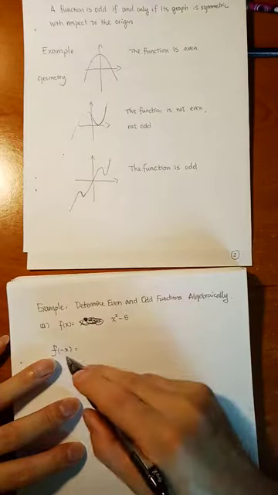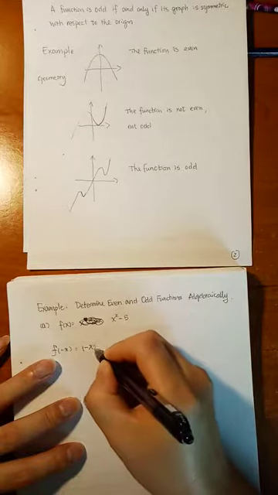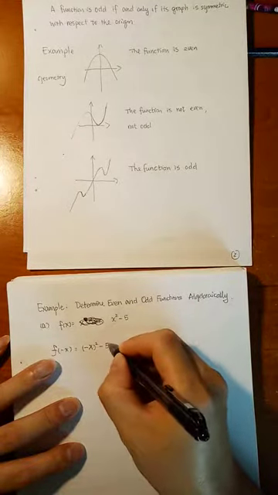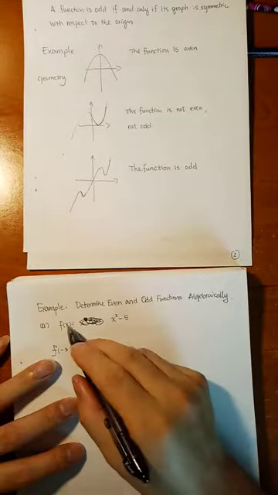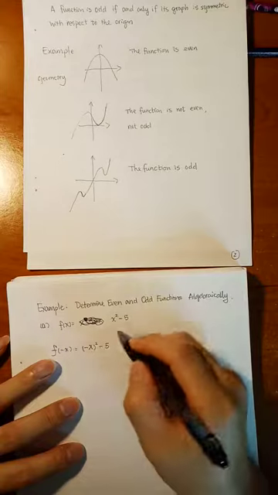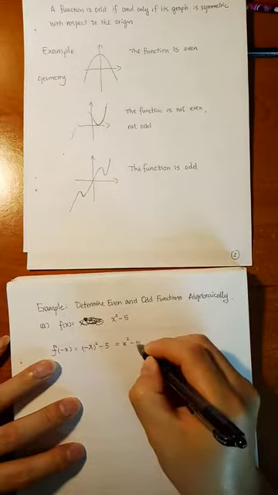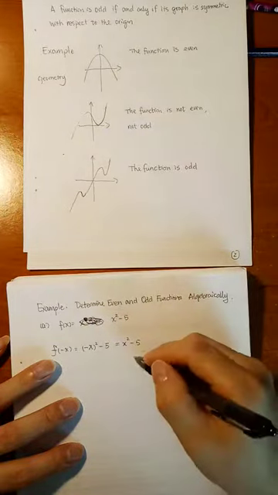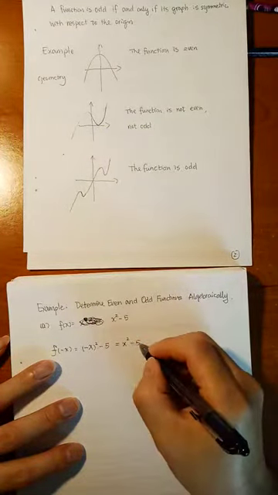Whenever you see x, you write a negative x. Because it has a sign, you have to put a square. Okay, so this is evaluation. x is the input. Now the input becomes negative x. Negative x squared is x squared. 5 is constant. It does not change when you put a negative x or positive x. So x squared minus 5.